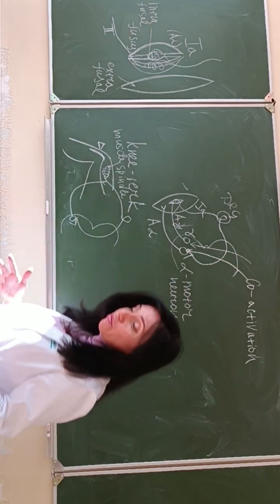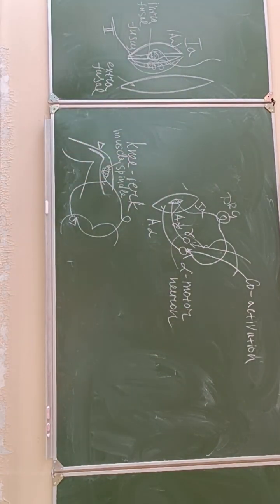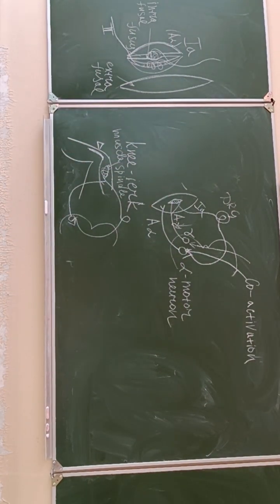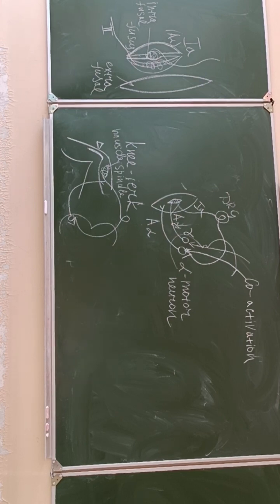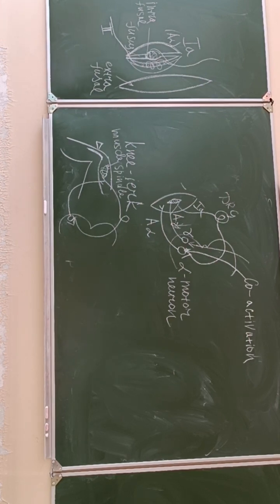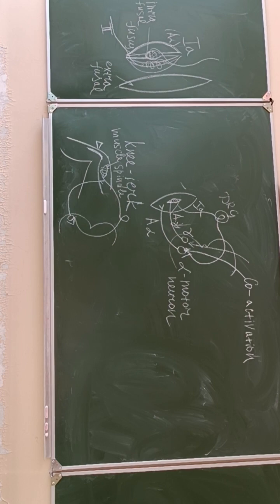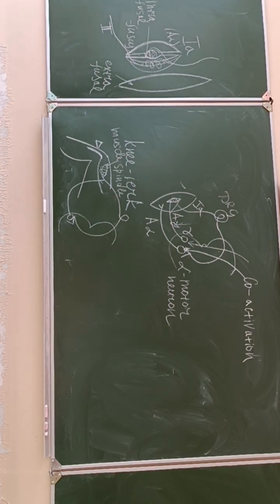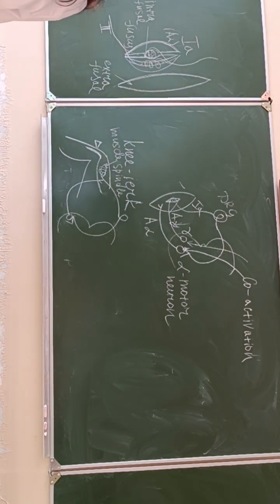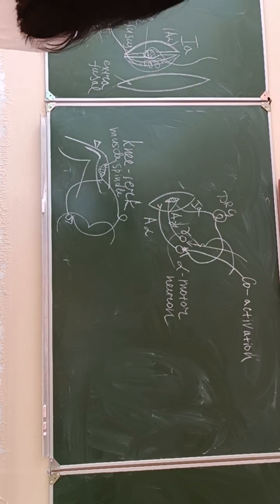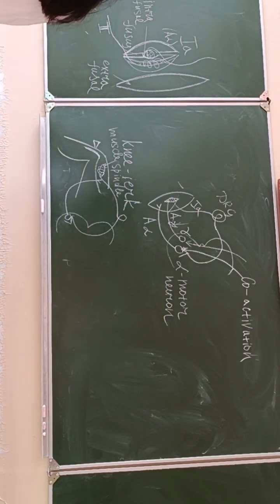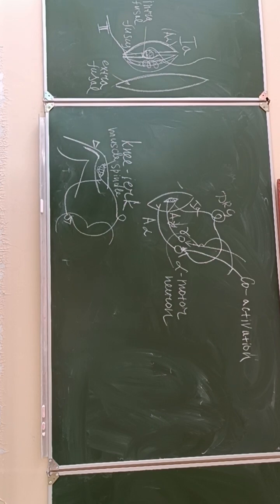Well, show me. What is the effector here? Where must the synapse be? No, it's the receptor. Where must the synapse be? Alpha motor neuron. Synapse must be on the extrafusal muscle fiber.